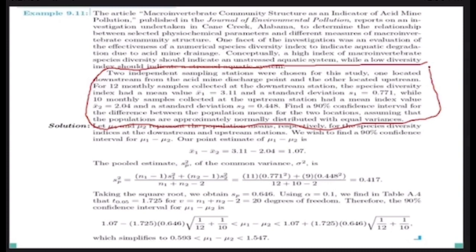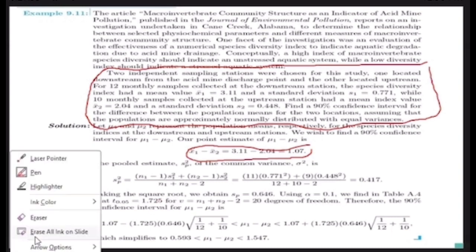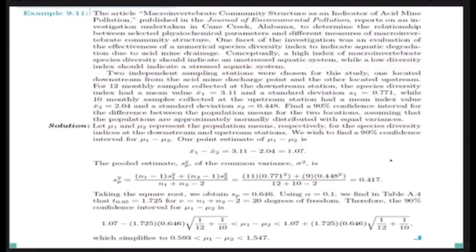Now, just like what I did the other time, you need to first find the difference of the means. Finding the difference of the means just gives you a point estimate, right? That could be wrong or right. What is the next thing you're going to do? The next thing is to calculate the pool variance. Don't forget that. That's what I'm doing here, computing the pool variance. The pool variance is giving me 0.417.